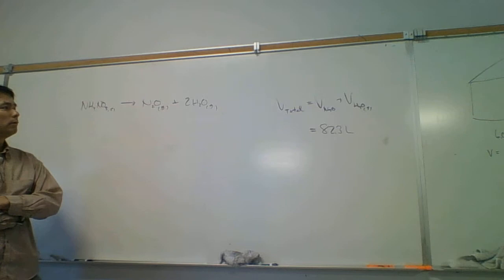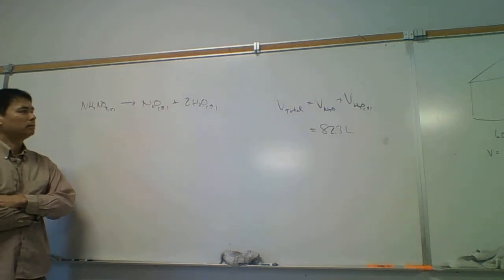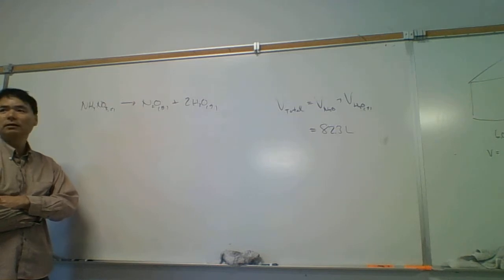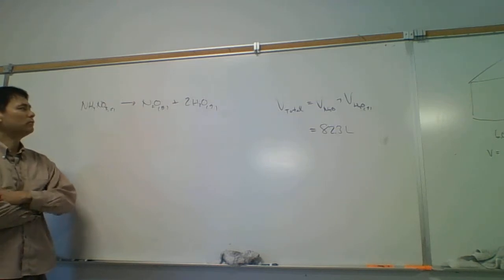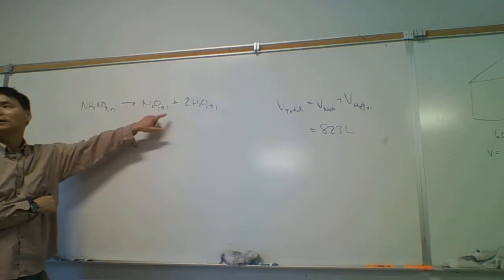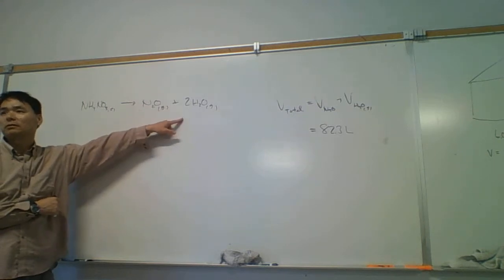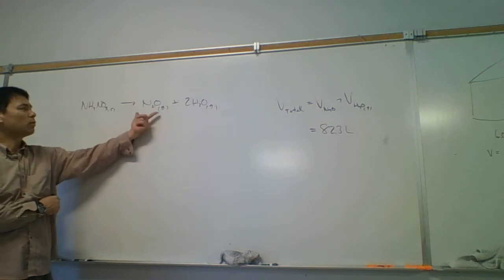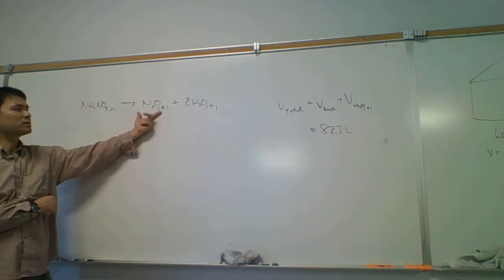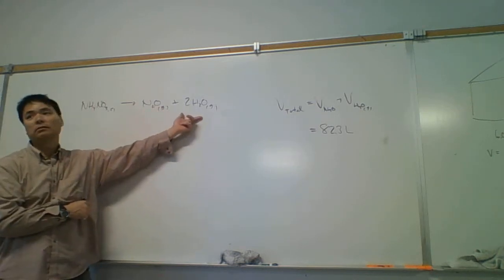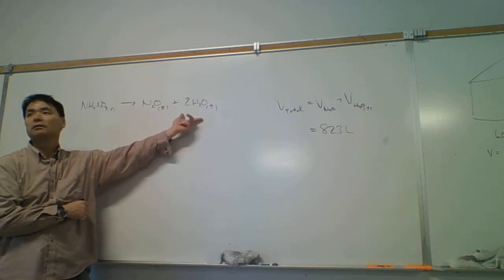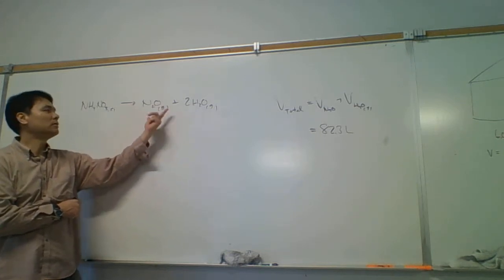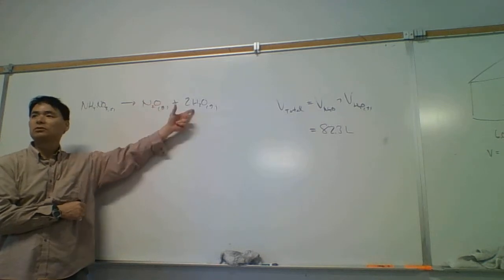We know just the total; we don't know the individual volumes. But we do know that for every 1 liter of nitrous oxide, how many liters of steam do I produce? 2. For every 24.5 liters of nitrous oxide, how many liters of water? Double that. So it's produced in a 2-to-1 ratio, or 1-to-2 ratio. Do you see that?